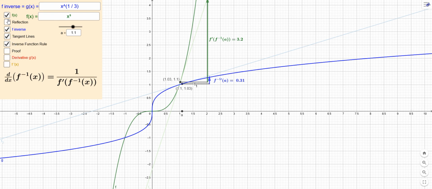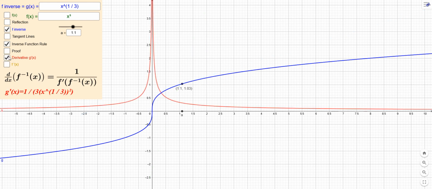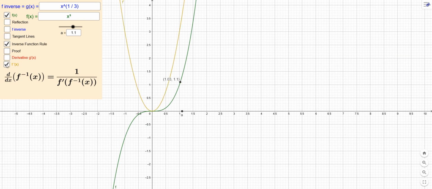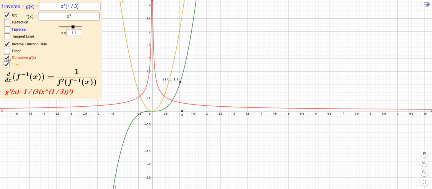So the derivative of that function then is this function here, which we saw as 1/3 x to the negative 2/3. The derivative of the original, the f of x, its derivative is 3x squared, which is here. And notice that these two are not exactly reciprocals of each other, but they're reciprocals evaluated at the reflected point, if that makes sense.